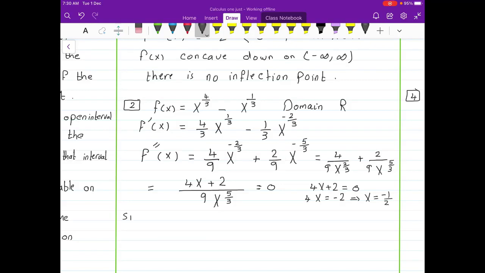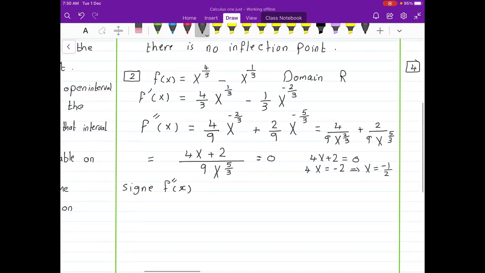Now, to study the sign of f double prime of x, the domain is R. Here we put -1/2, and here 0, which is where the denominator equals zero.